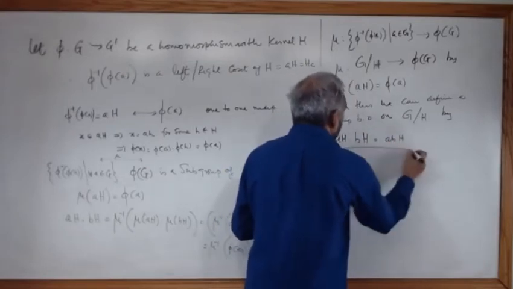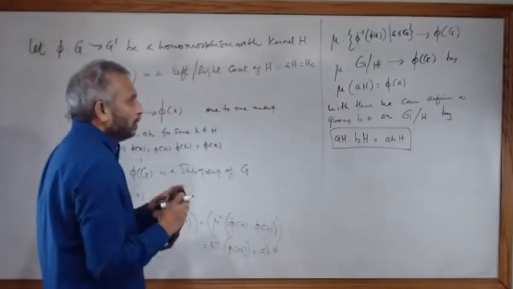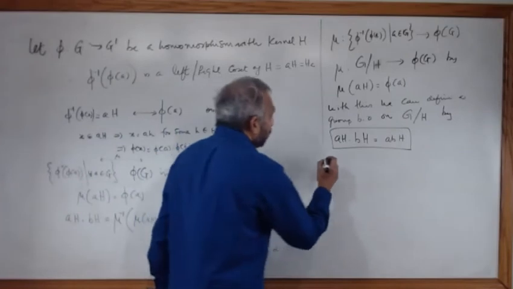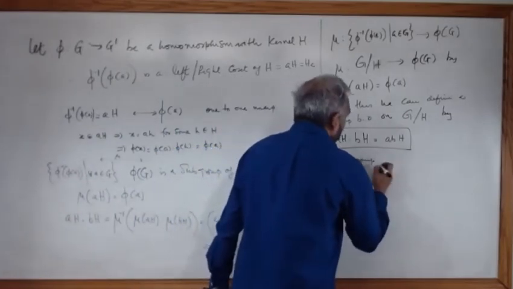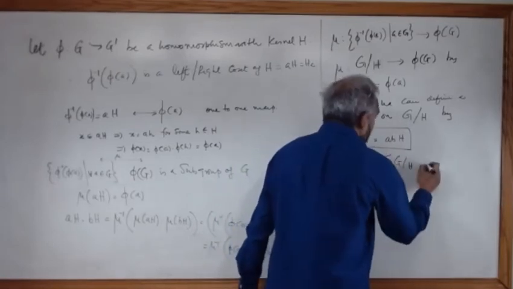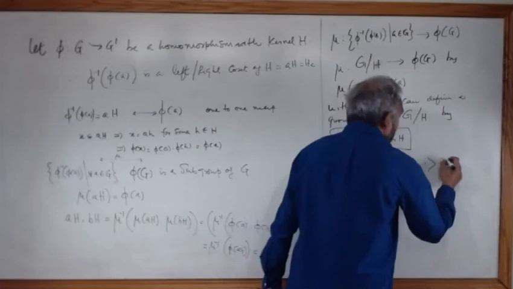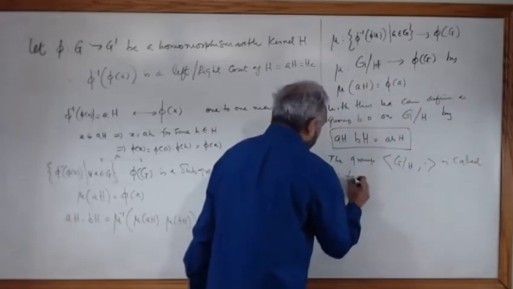This is a well-defined binary operation on G over H. So the group G over H with this binary operation is called the factor group.